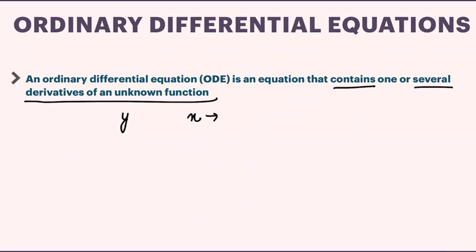Let us discuss some more examples. sin x cross y double dash 2x minus y is equal to 0. This is also an ordinary differential equation.